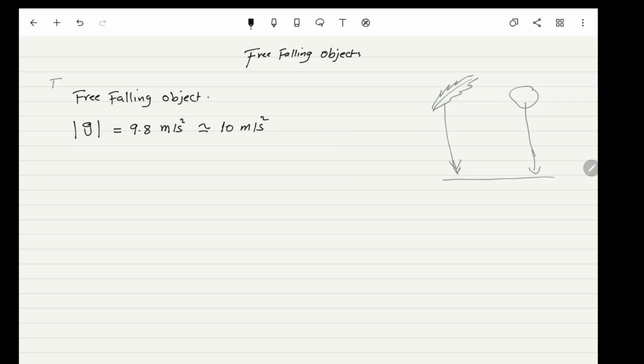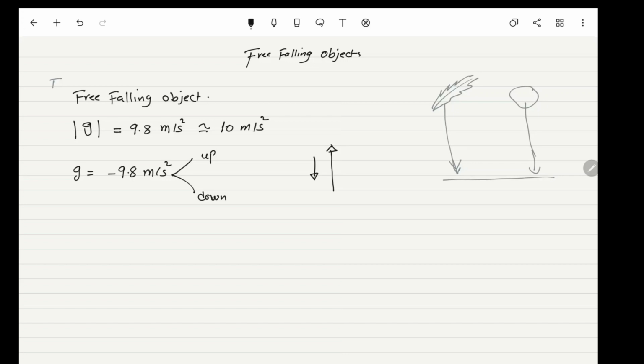Now if we consider y in the positive up direction, g will be directed downward. So g is negative: g equal to minus 9.8 meters per second square. Whether the object is moving up or moving down, both have the same acceleration, minus 9.8 meters per second square.